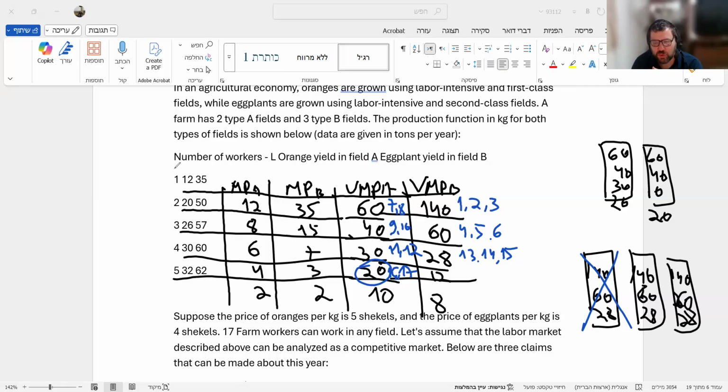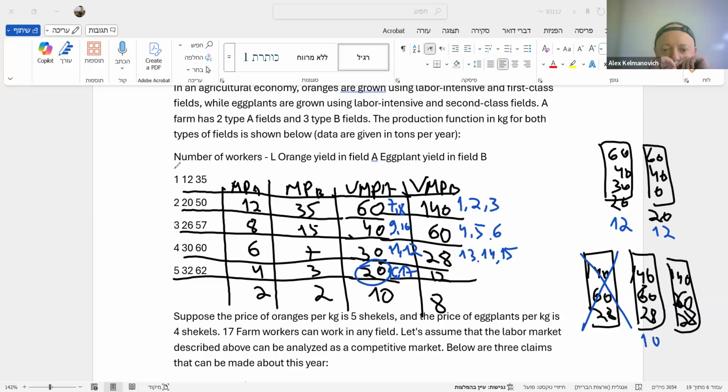Two of them will go to field A, I have 2 places for 12 and 1 place for 10. 20 is occupied.